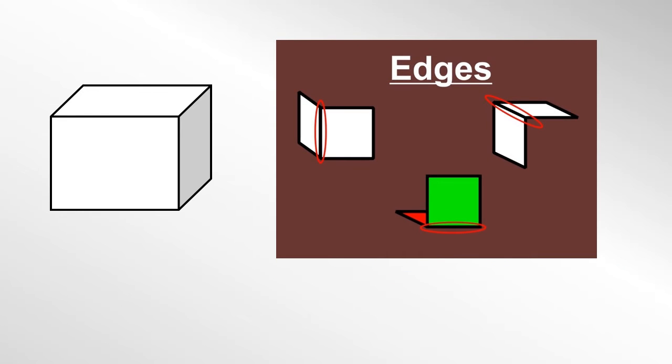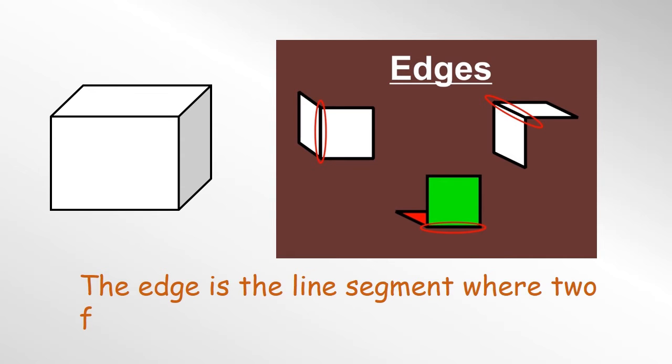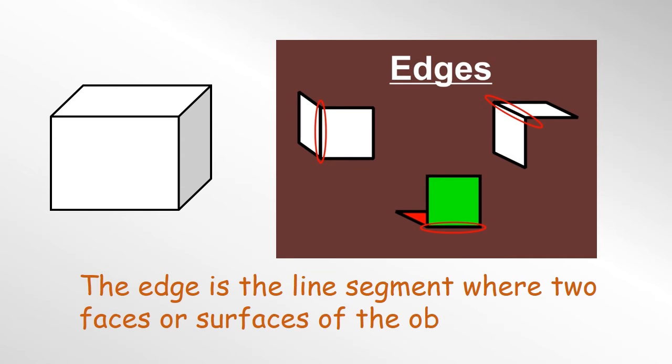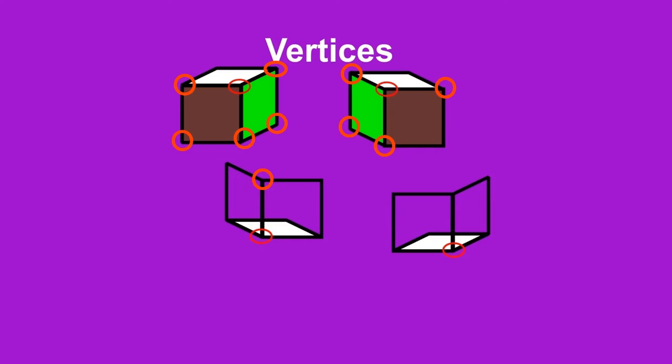Edge. The edge of a solid is the line segment that defines the meeting place of two faces or surfaces. A solid which does not have a face cannot have edges. Last, let's look at the vertex.